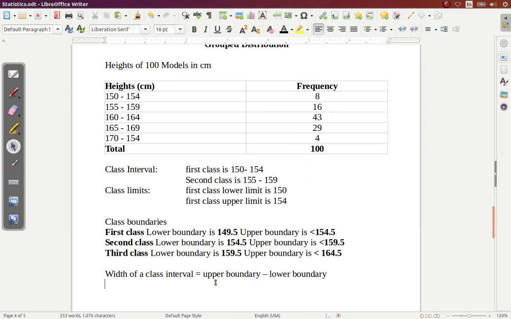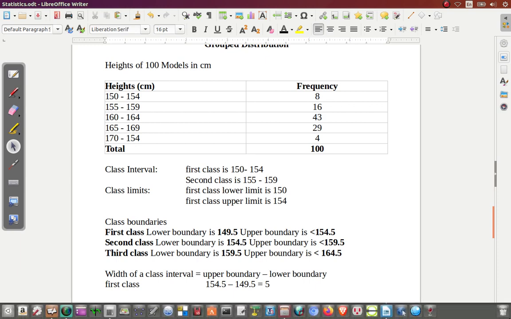So, for the first class, what you have is 154.5 minus 149.5, and that is equal to 5. Alright?